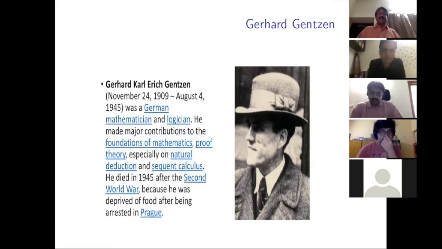He died in 1945, immediately after the Second World War, after he was arrested in Prague and deprived of food. So he was all of 36 years old, and he wrote landmark papers in 34 and 35.